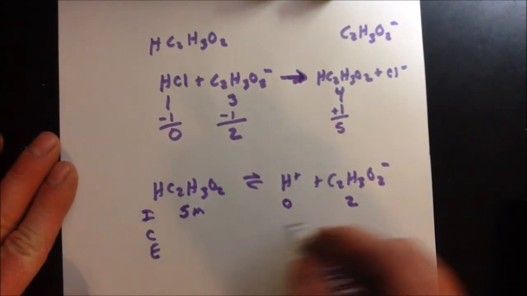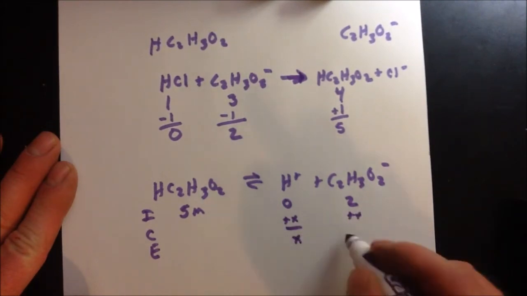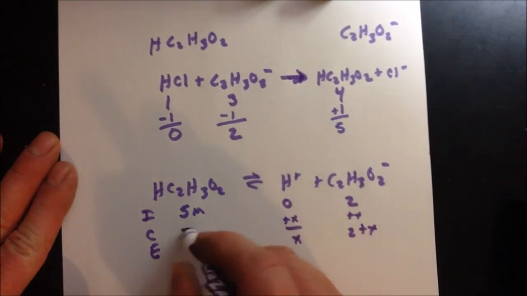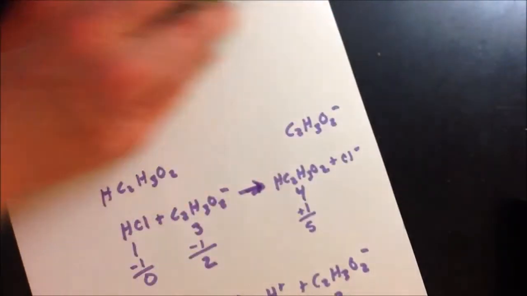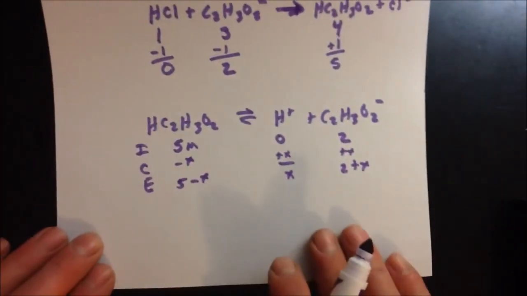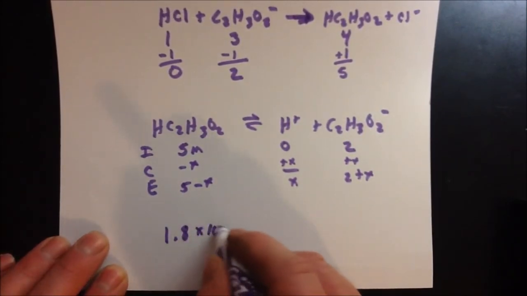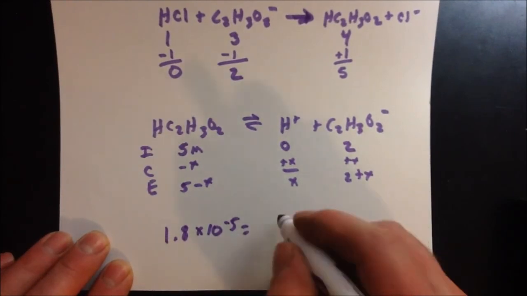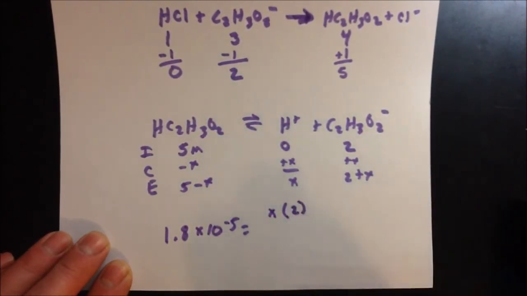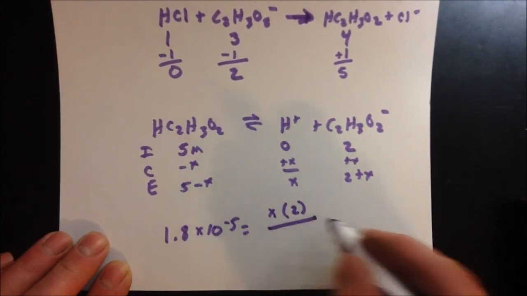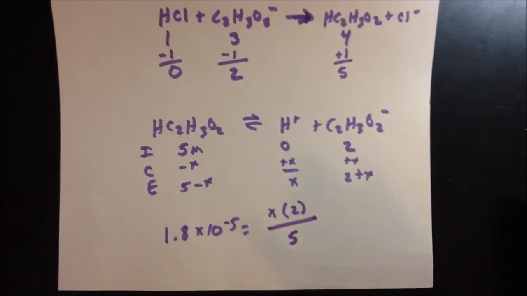So the change, this is going to go up by x, x to plus x, down by x, so 5 minus x, and now I'm ready to set that up and solve. So Ka, 1.8 times 10 to the negative 5th, equals x times 2 plus x, I'm just going to call it 2, we've already talked about what happens there with those values, over 5 minus x, again, simply just 5.